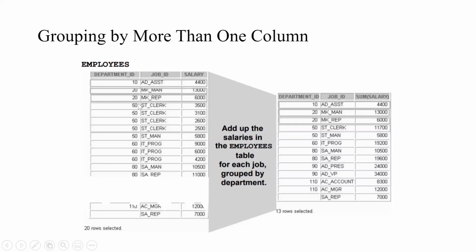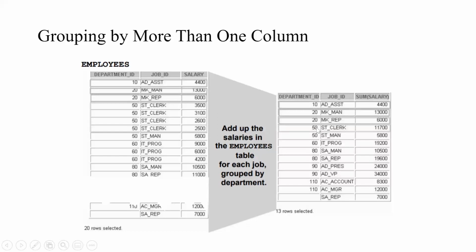earlier we had 5 rows for 50, right? Now also we have 5, but 4 out of the 5 rows for department ID 50 are ST clerk, whereas one of them is ST man. Now if you do a GROUP BY of department ID and job ID, where department ID comes first, you will have it this way.